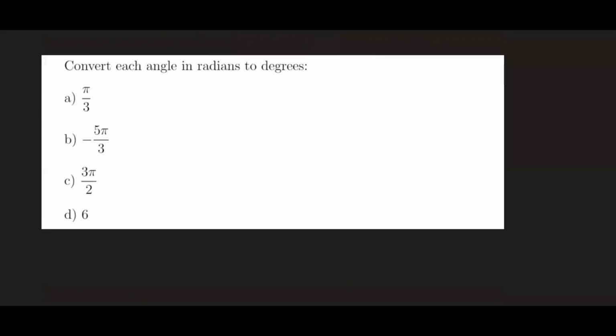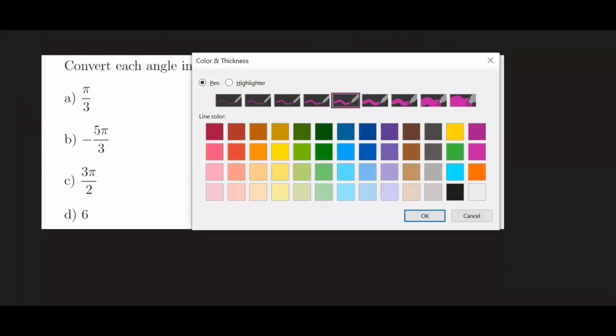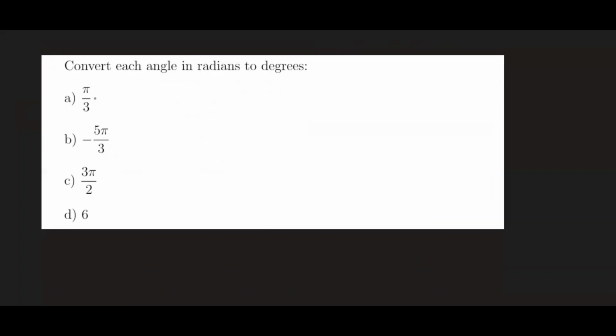So these 4, we want to go from radians to degrees. You see how they all involve pi except for the last one, but it's understood that 6 is given in radians. So we're going to follow the rule. The rule is to multiply the given angle by 180 over pi. So we multiply the given angle with 180 degrees over pi, and the result will be in degrees.